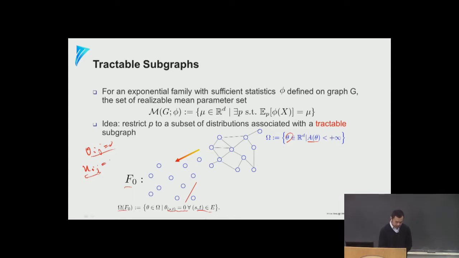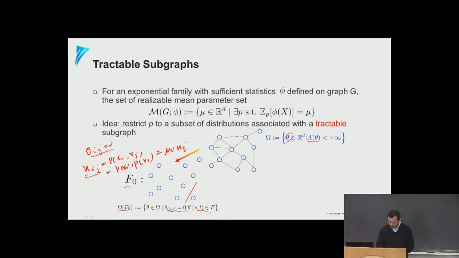Remember, this corresponds to the marginal of xi and xj, right? And they correspond to p of xi times p of xj because there's no edge between them. Therefore, they become independent, and they correspond to mu i times mu j.